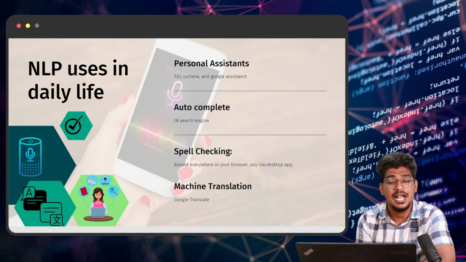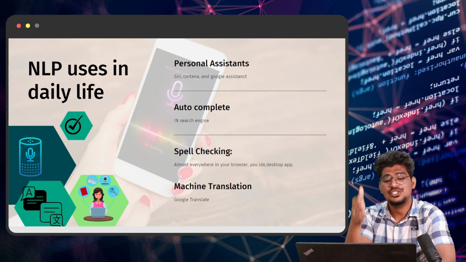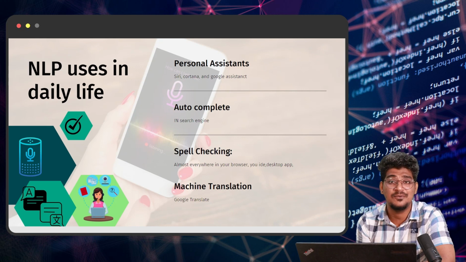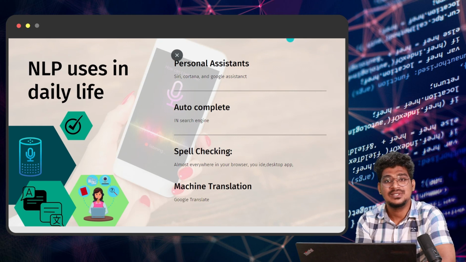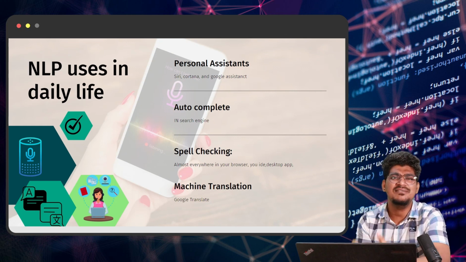Because NLP helps the machine understand the human language. That is very important here. So these are the best examples for NLP. Maybe you have had experience of all this. This is the best example of daily life usage because we are living in the artificial intelligence world.